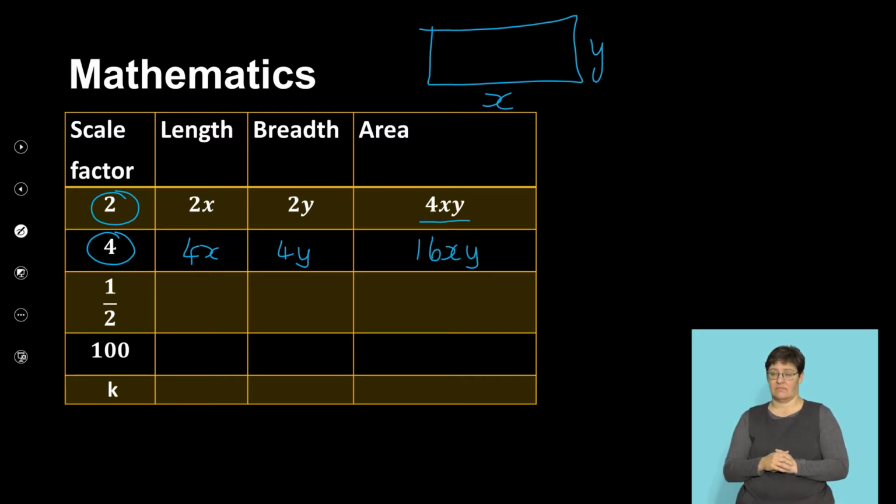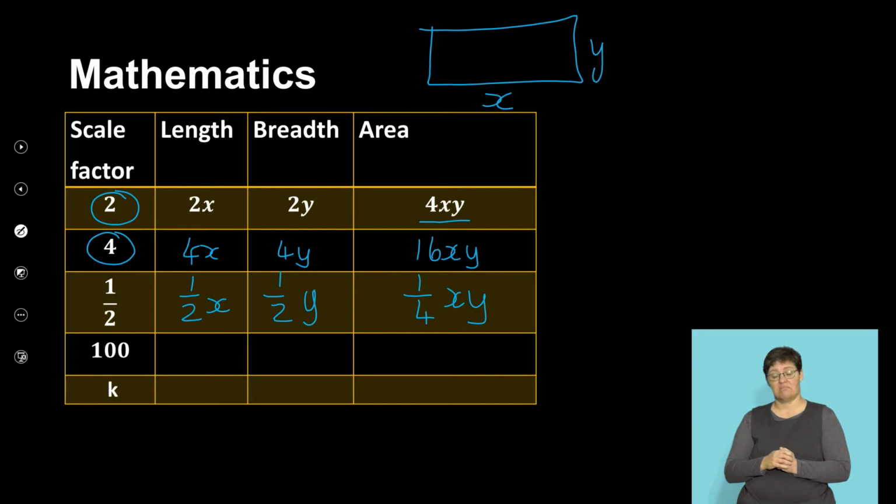So the length would be 4x, the breadth would be 4y, and the area would be 16xy. Then for the next one, my scale factor is a half, so it's going to be a half x for the length, then a half y for my breadth. And a half x times a half y is going to give me a quarter xy.